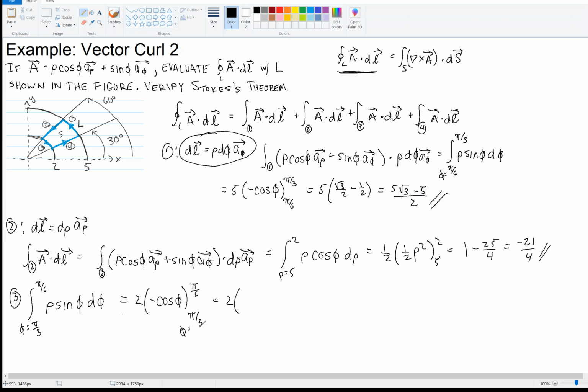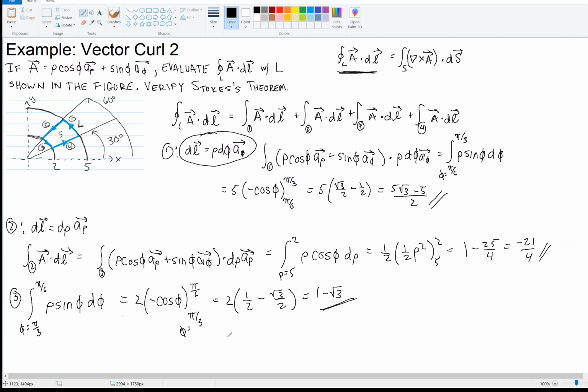So this is 2 times cosine of pi over 3, which is, excuse me, 1/2, and then the cosine of pi over 6 is square root of 3 over 2, and so I get 1 minus the square root of 3.